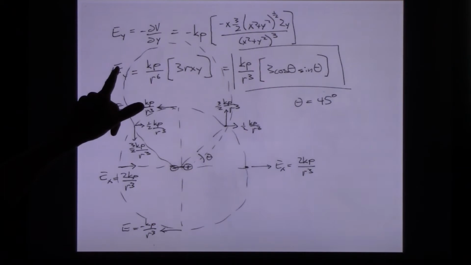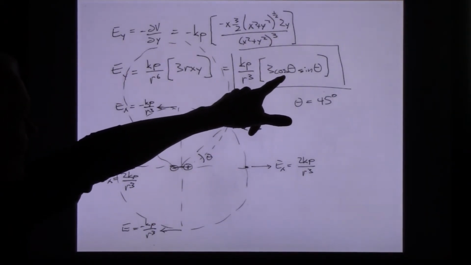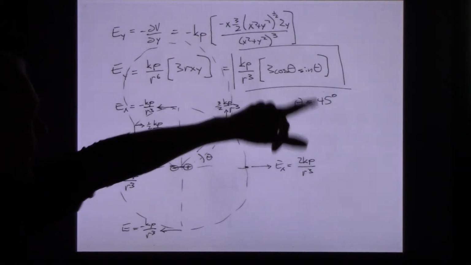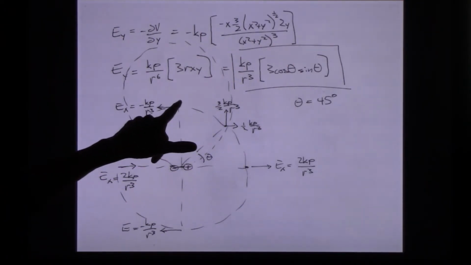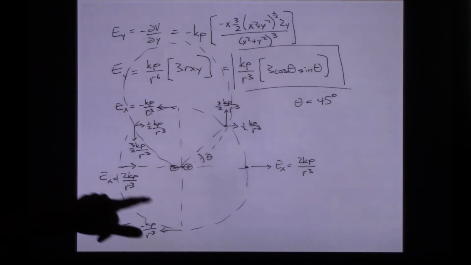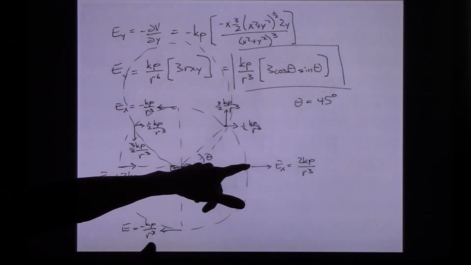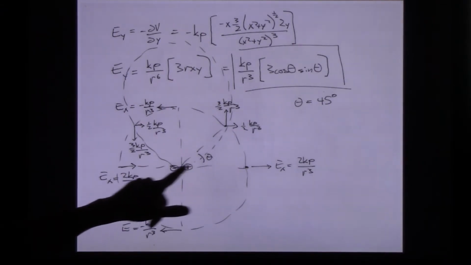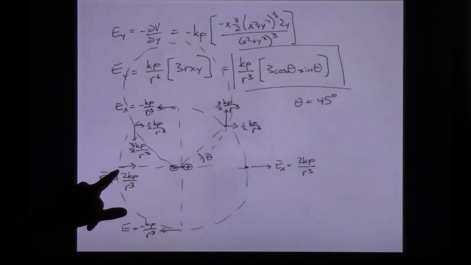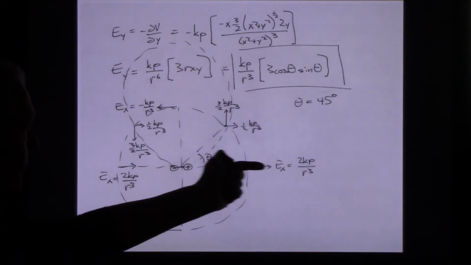Because the E field y component formula has these cosine and sine factors in it, they went to zero here, and they went to zero at 90 degrees, and 180, and 270, and back to zero, or 360. At all those four locations, there is no y component. Now, at 0 and 180, my x formula gave me a positive number.